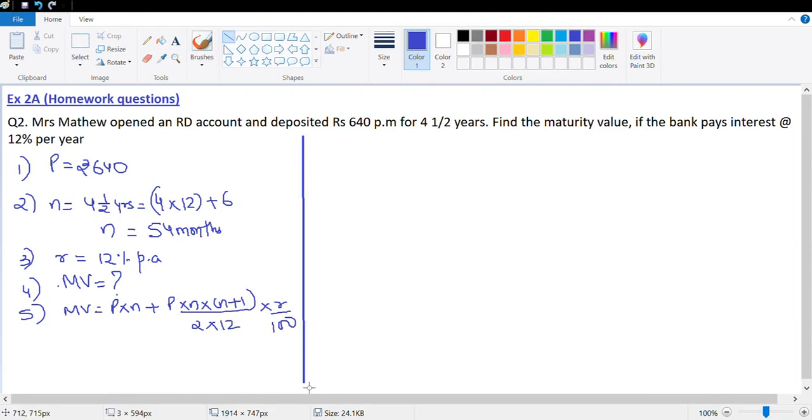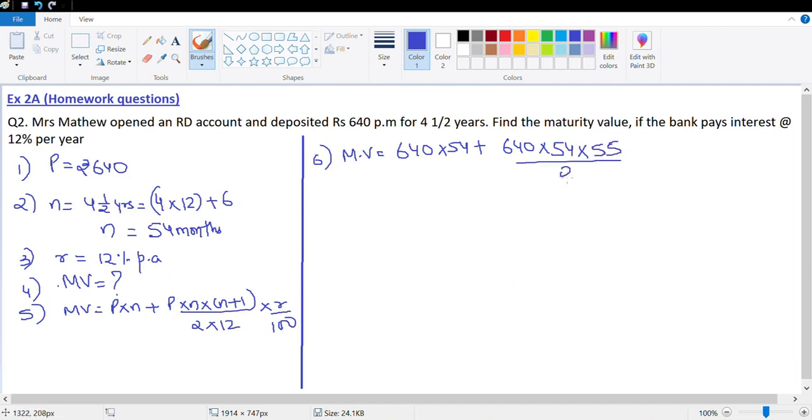Let's substitute values and see what we get. So maturity value is equal to P, which is 640, into N, in this case 54, plus 640 into N, which is 54, multiplied by N plus 1, that's 54 plus 1, which is 55, upon 2 into 12 into R, in this case 12 upon 100.